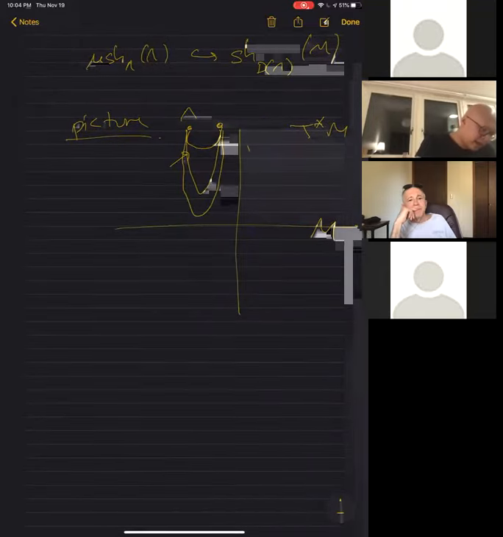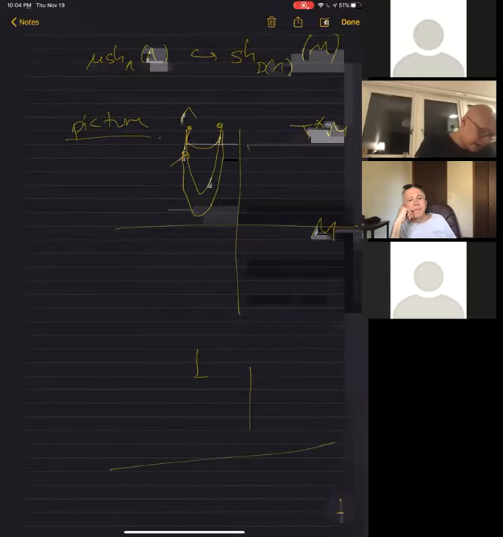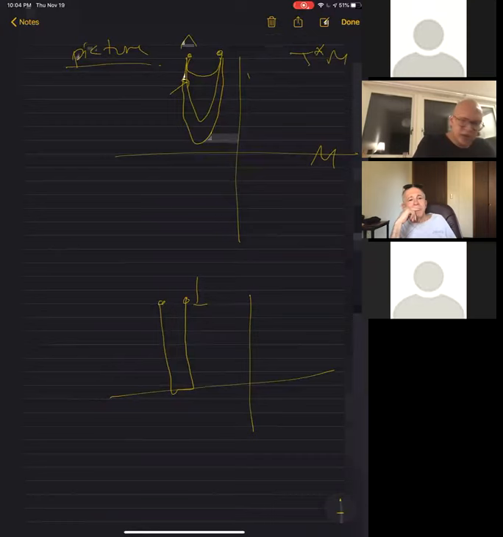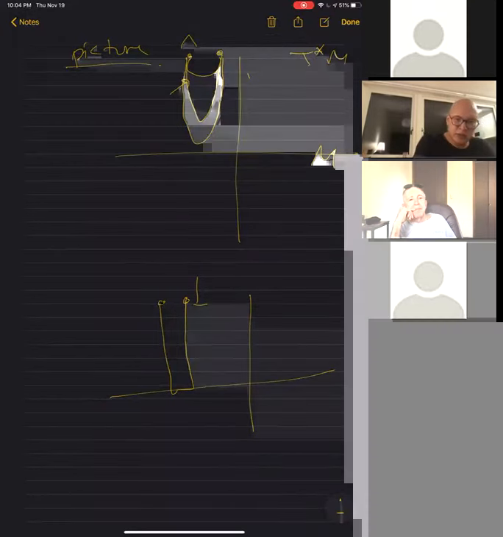And ultimately, I get this. And mu sheaves on this now conical object is just the same as sheaves microsupported in here. And so this is what's called antimicrolocalization.